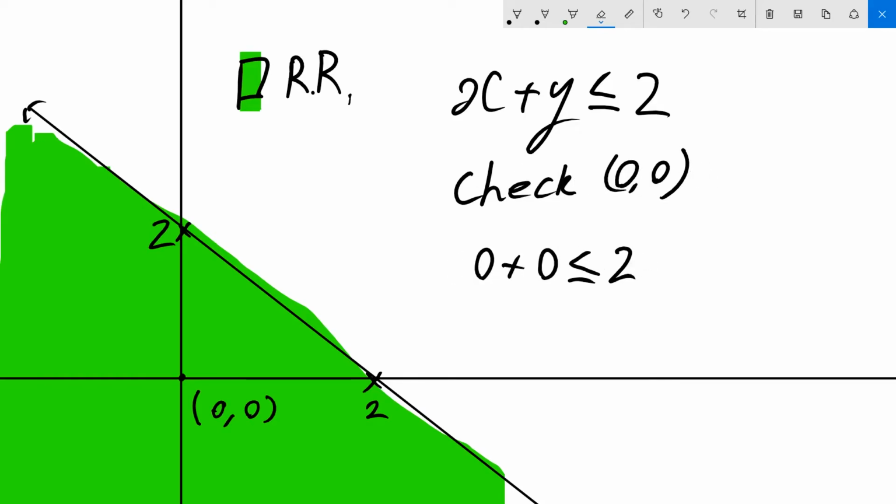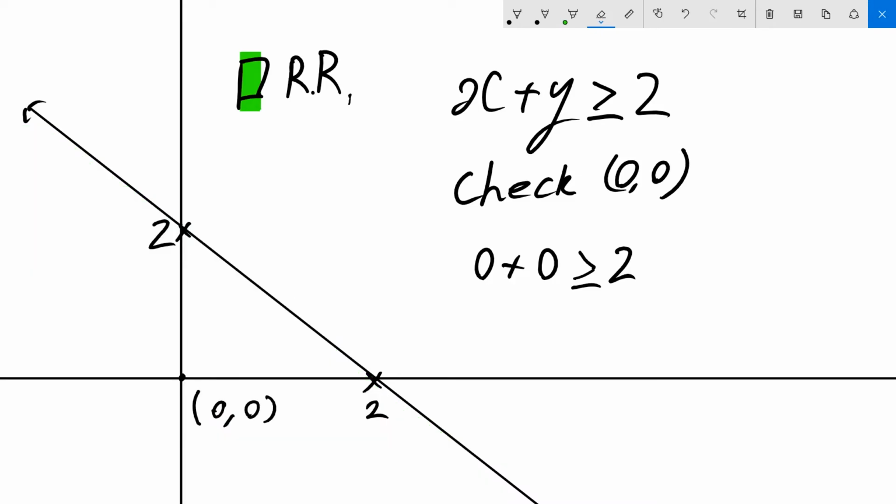We found out that yes, 0, 0 is part of the region required. But what if we found out that 0, 0 wasn't part of the region required? What if we had this line? Instead of smaller than or equal to 2, it is greater than or equal to 2. Well, the line doesn't change. What changes is the region required.